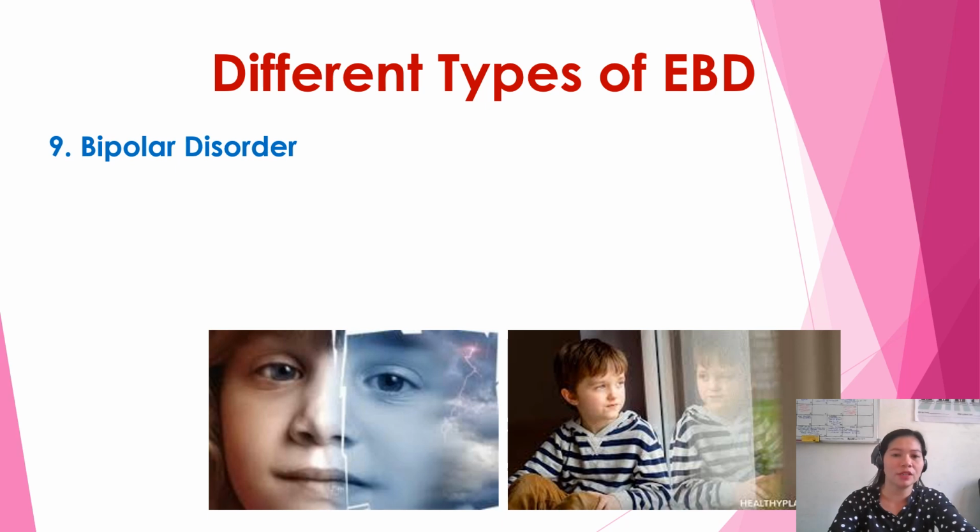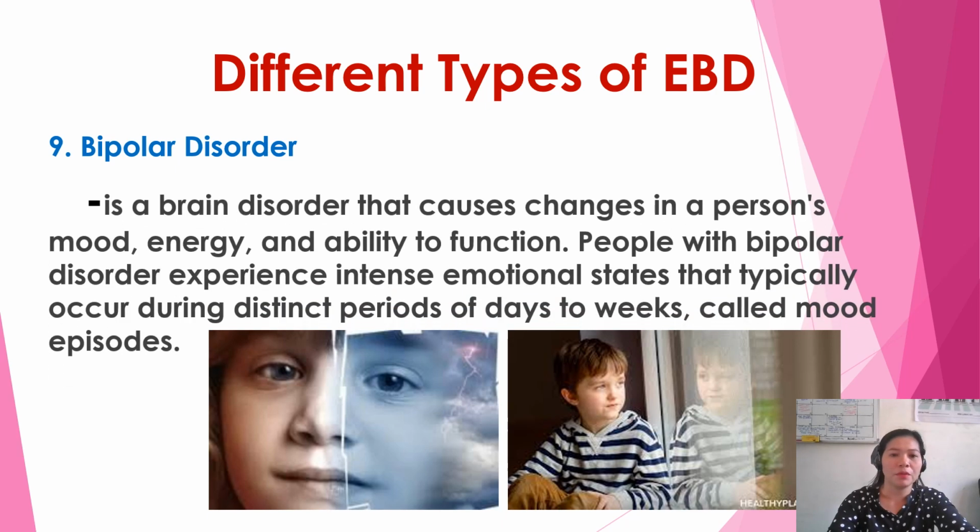9 is bipolar disorder. Bipolar disorder is a brain disorder that causes changes in a person's mood, energy, and ability to function. People with bipolar disorder experience intense emotional states that typically occur during distinct periods of days to weeks, called mood episodes.